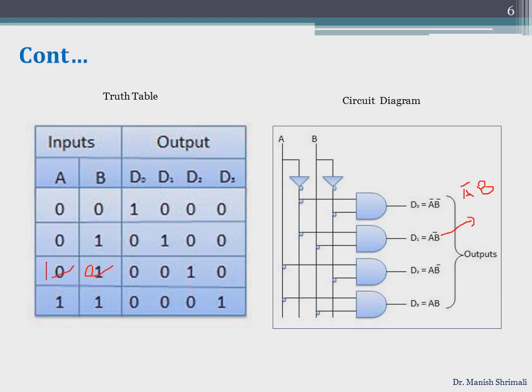So when both the inputs are 1 1, D3 will be high. So this is about the working of this 2 to 4 line decoder. There was a small correction in the rows 0 0, 0 1, 1 0, 1 1, which was not being seen correctly, so I have written it here. To recall, this is A bar B bar, this is A bar B, this is A B bar, and A B.